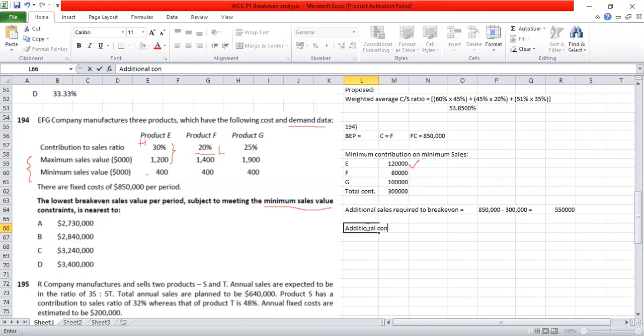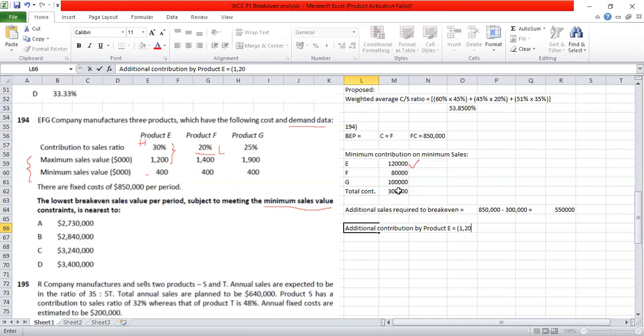Additional contribution by product E is equal to, already 400 was considered here. So 400 into 30%, that part of it, 120,000, was already included in 300,000. So we are not considering that.